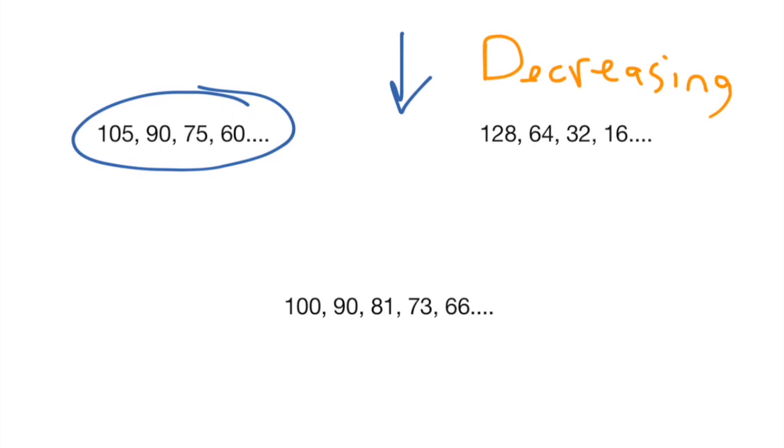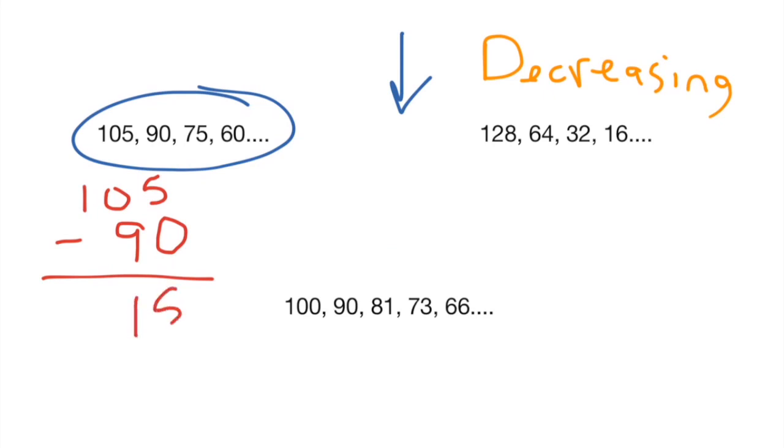It looks like it's going down by the same number each time because our numbers aren't getting really, really small really, really fast. So the thing we can do there is just like last time, we can take 105 and subtract away our 90 and say what is happening to that 105 to make a 90. And if you do that, you will get a 15. And 15 would be what we're going down by each time.